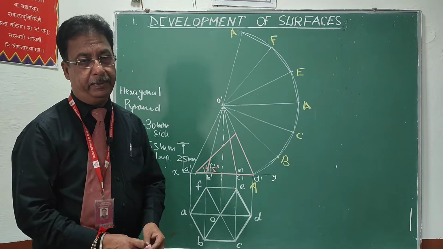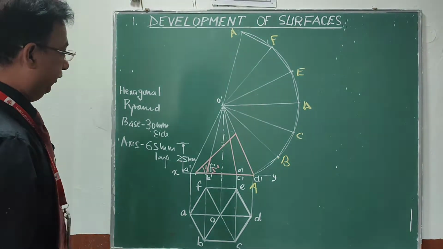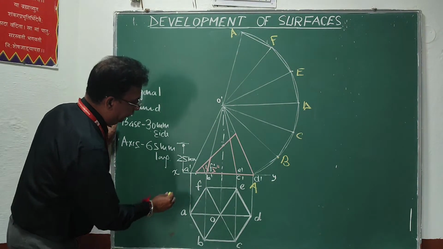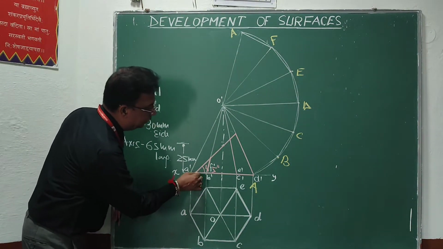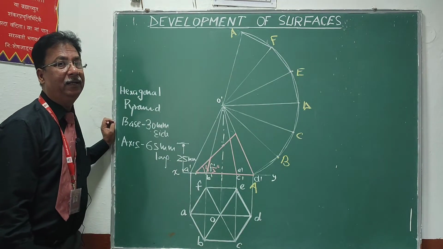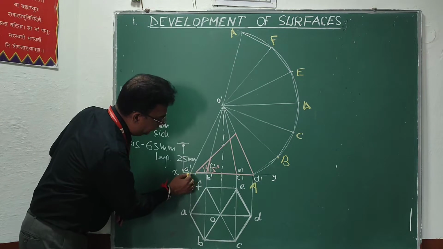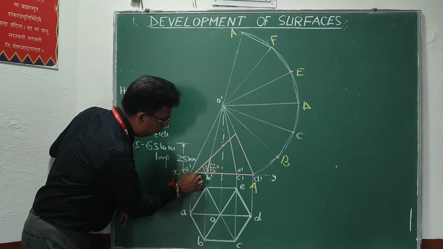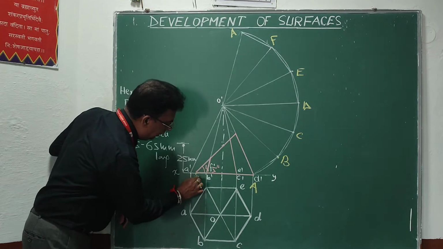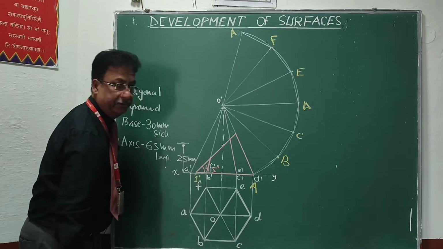As you remember in the section of solids, whenever we cut a solid by a plane, we name the edges on which the section plane cuts as points. Looking at this figure, the first point will be on the base, on the edge A dash B dash. I will name that point 1 dash.